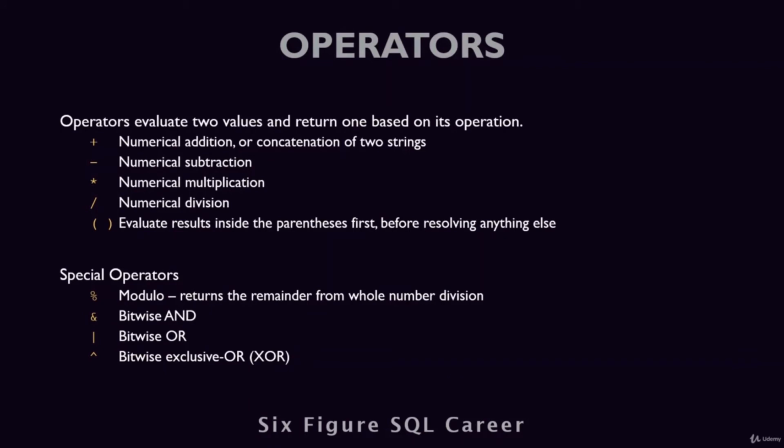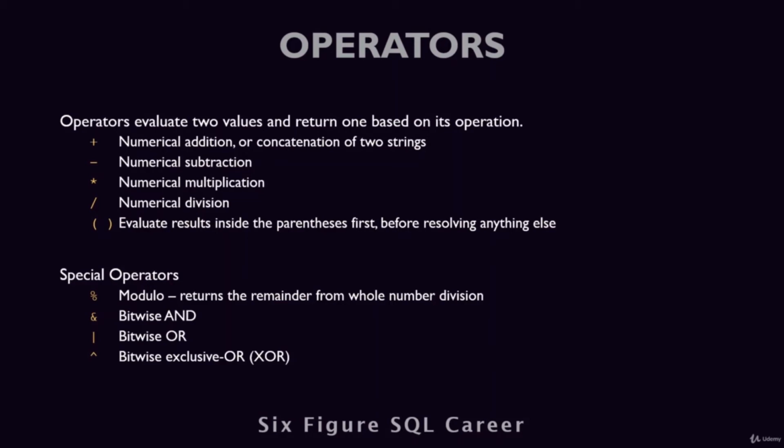In an expression, you can use operators to evaluate two values and return one based on its operation. Let's start with the basics. There are the four mathematical operators: addition, subtraction, multiplication, and division. You can also use addition to join two character strings together.